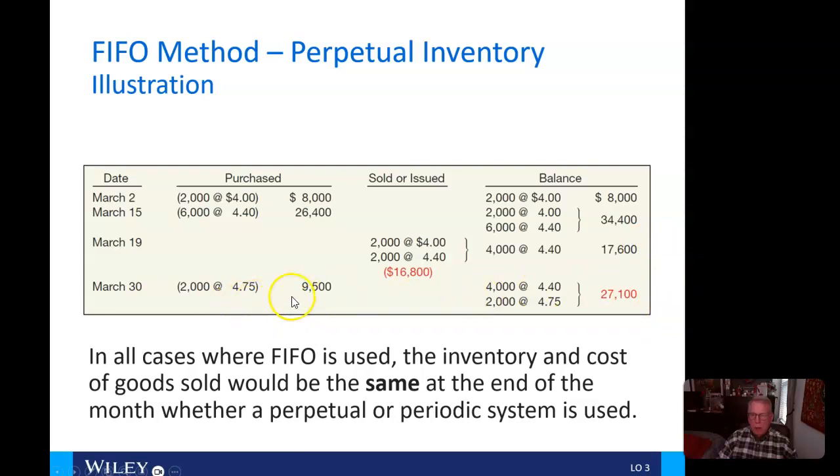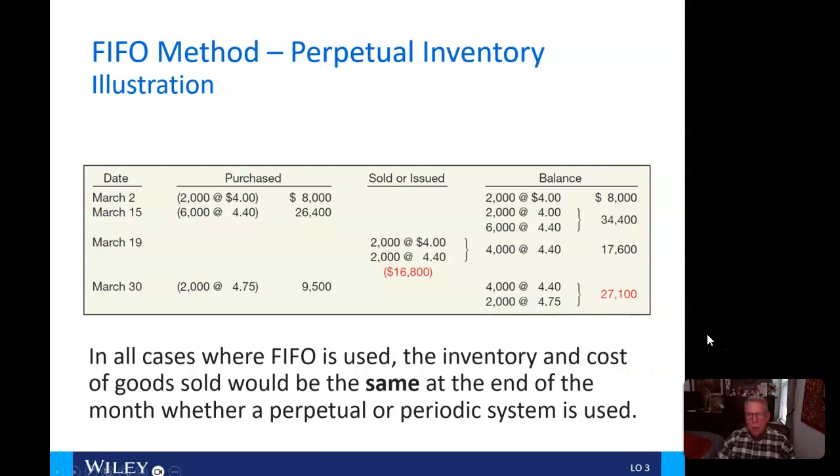Now, when we purchase more, we're going to do the same thing. We're going to bring this row down. We're going to bring this purchase across, and we'll calculate then that we had 27,100 in inventory at month end.